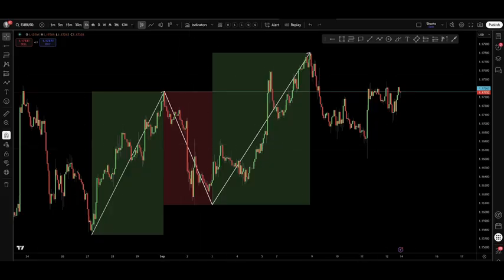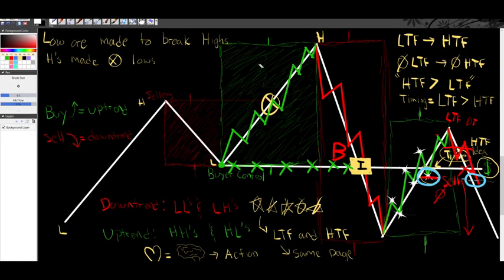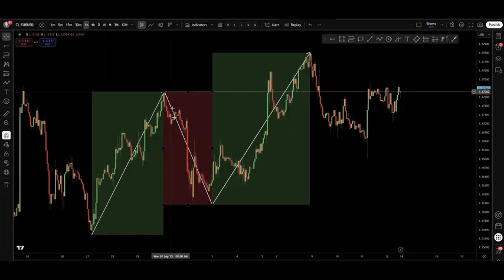We're drawing everything full circle that we were talking about here. Do you see what I drew here? How that's exactly what I'm looking at. I'm marking out my bullish and bearish trends.